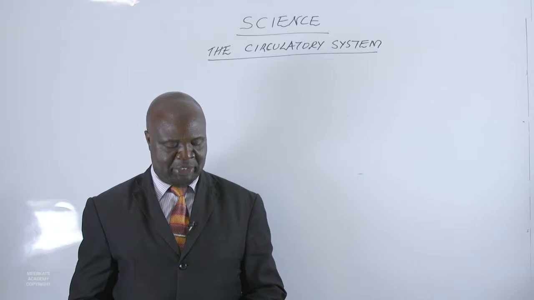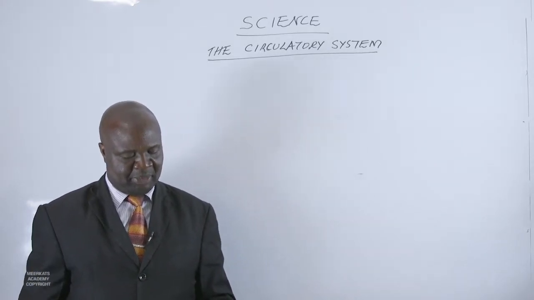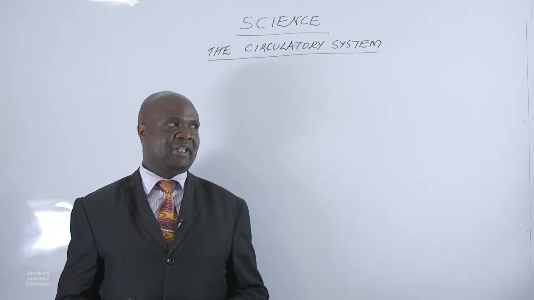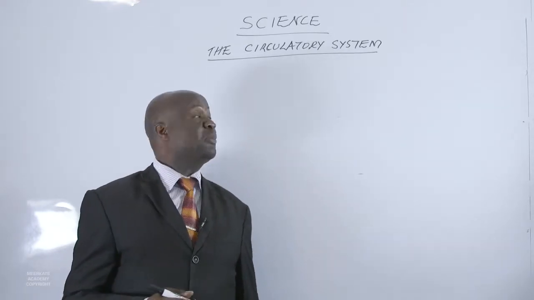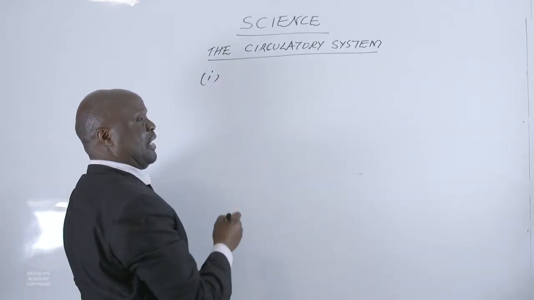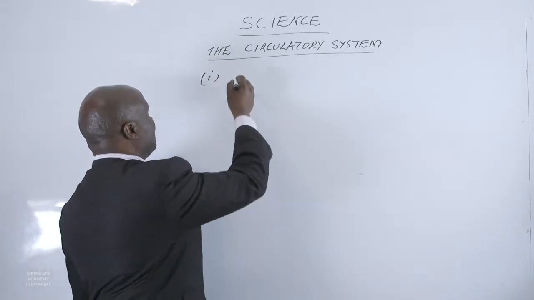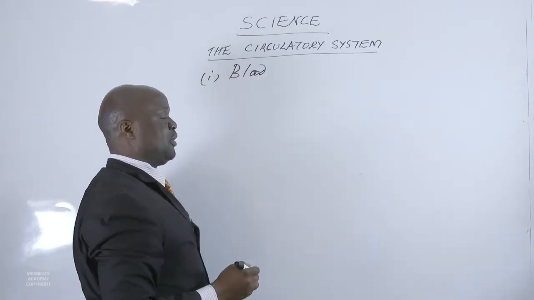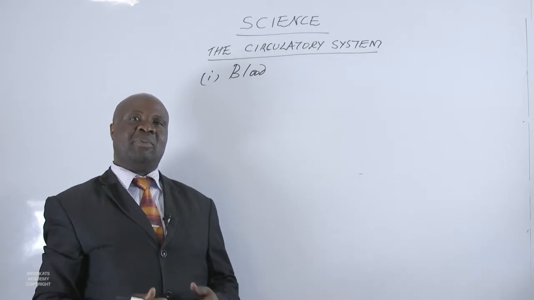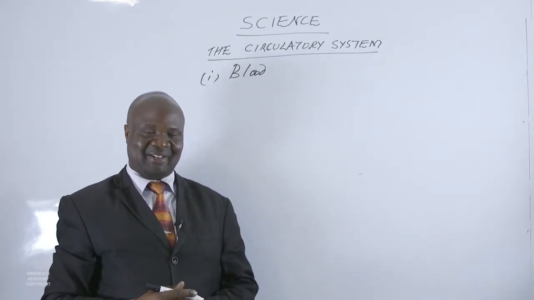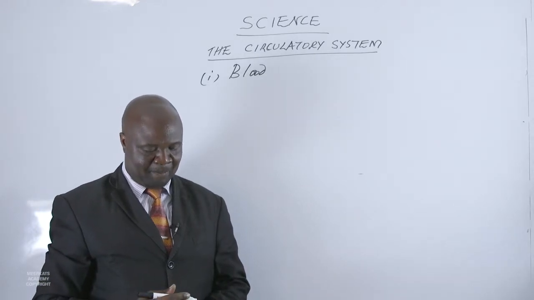The circulatory system in the human body is made up of the following. One, we have the blood. Blood is an important component in the circulatory system.